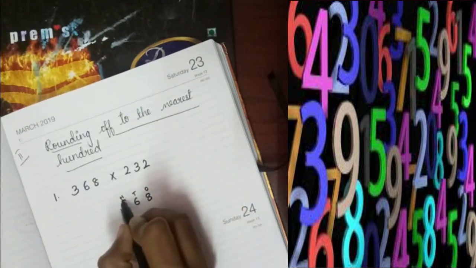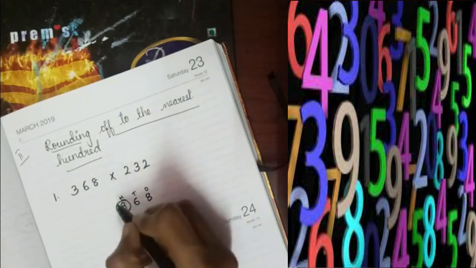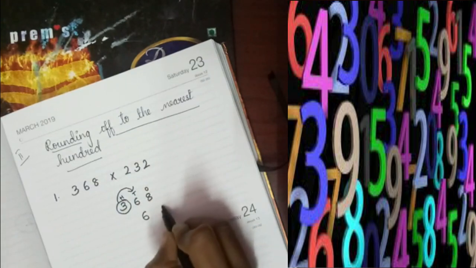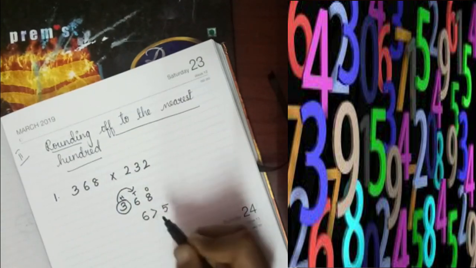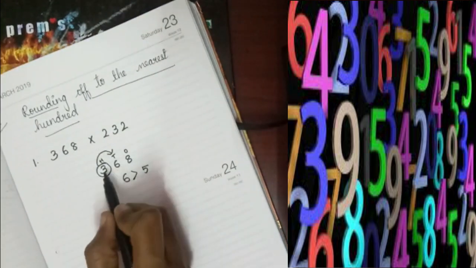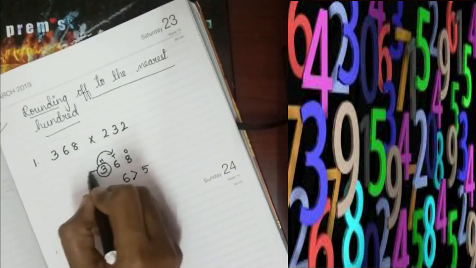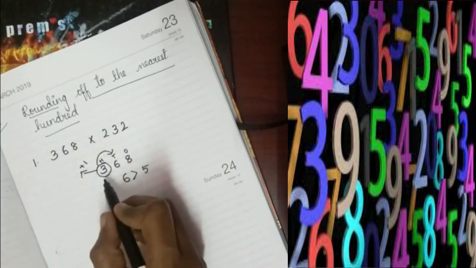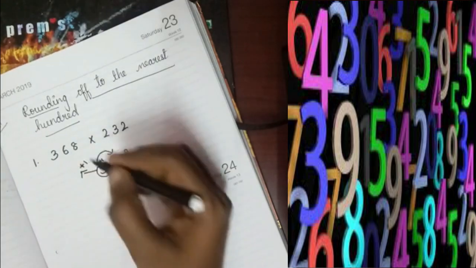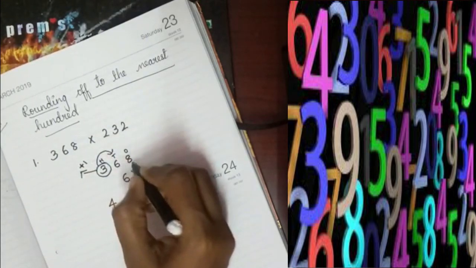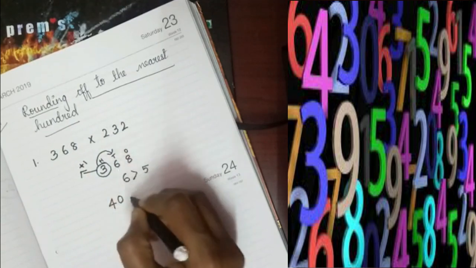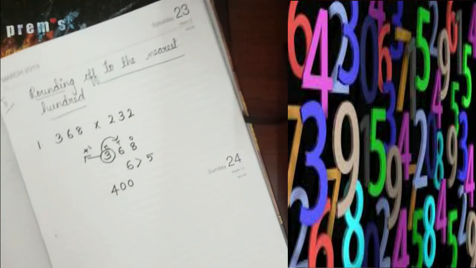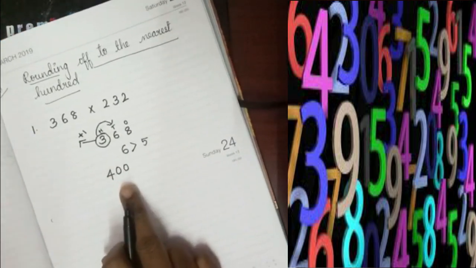In the hundreds place you can see number 3 is there. To the right of the hundreds place you can see 6. When we compare 6 to 5, of course 6 is greater than 5. So you will be adding 1 in the hundreds place. 3 plus 1 is of course 4. To the next places you will be adding 0, 0. So 368, when you round it off to the nearest 100, you will get 400.